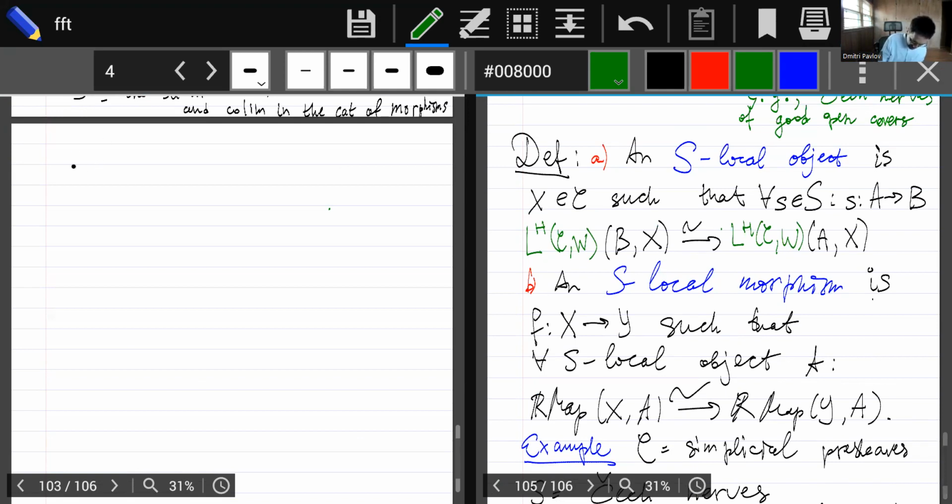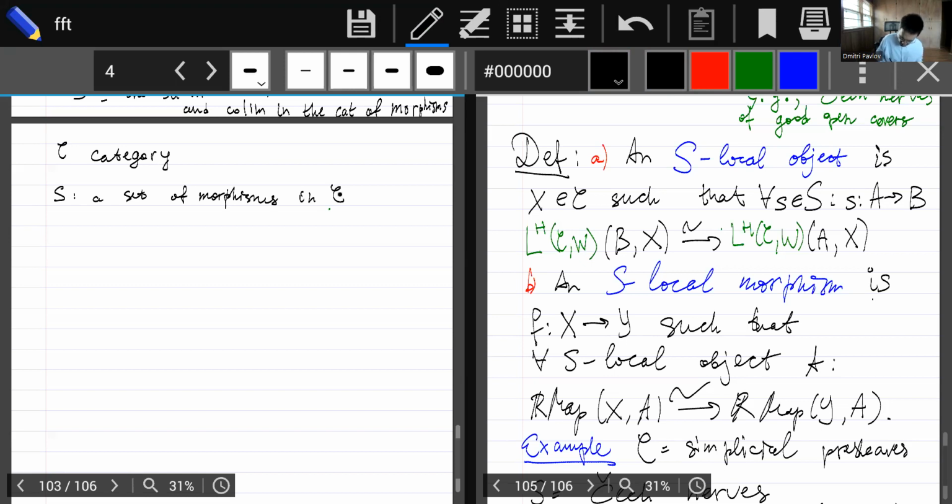So my setup is in the usual one categorical setting, I have a category C. I have S, a set of morphisms in C. And then in the first step, I form the class of S local objects.